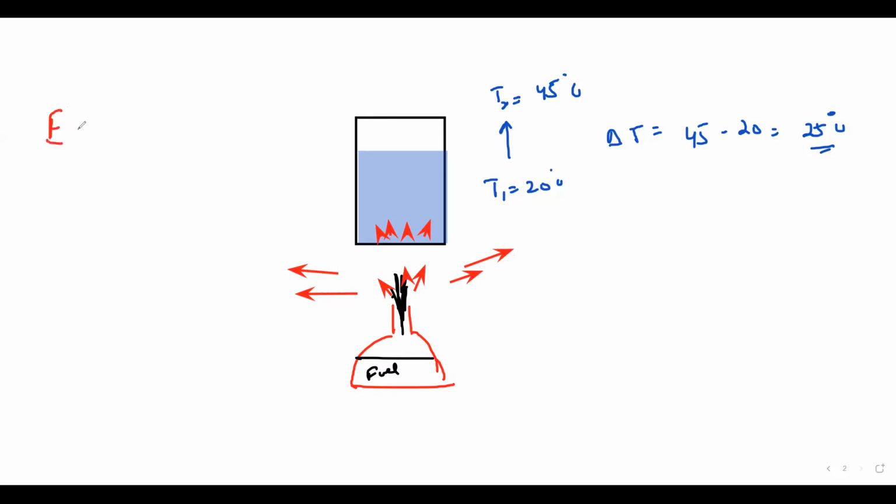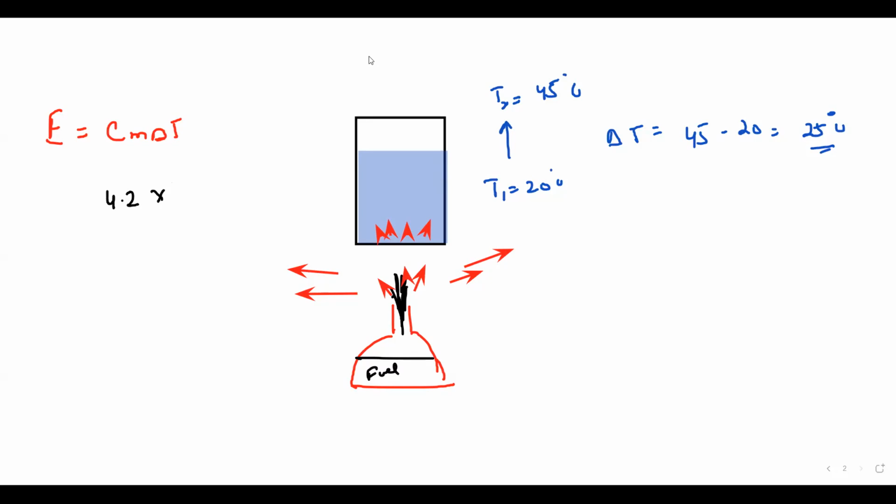So we have the formula E equals Cm delta T, where C is the specific heat capacity, which is fixed or constant. It is 4200 joule per kilogram degree centigrade, or 4.2 joule per gram degree centigrade. Because we take mass in gram, that's why we write here 4.2, not 4200. Multiplied by the mass of the water.